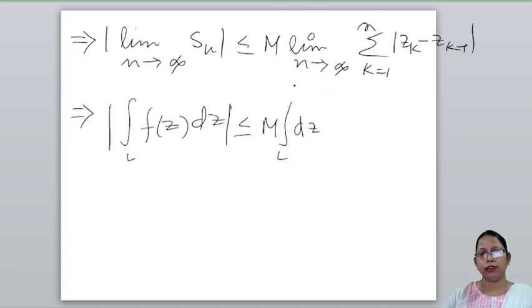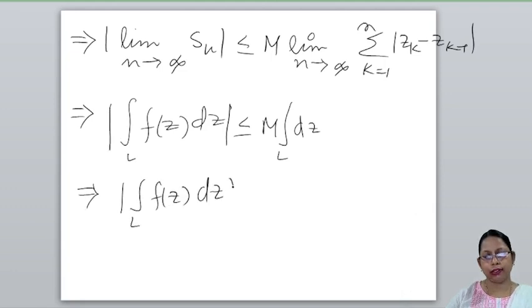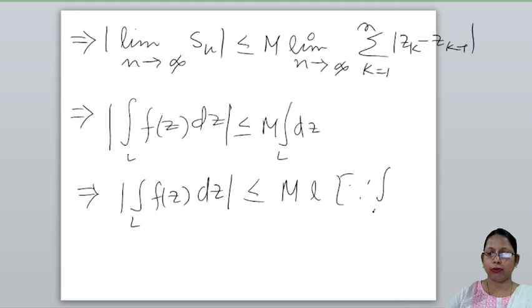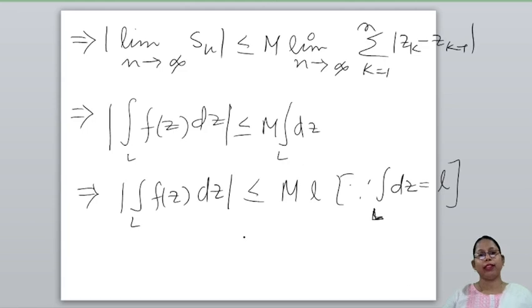You will get how this is equal to this in the example of complex integral: the integral of dz over the arc L is the length of this arc L. Here this is from the definition of the integral as a limit of sum. Hence the proof.